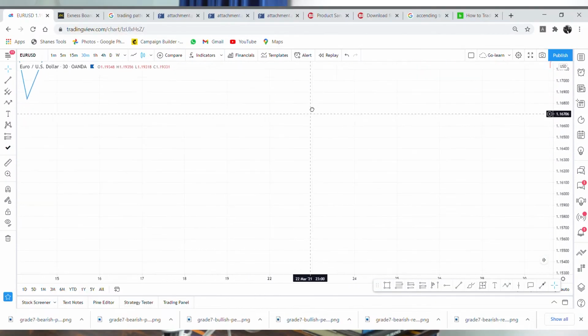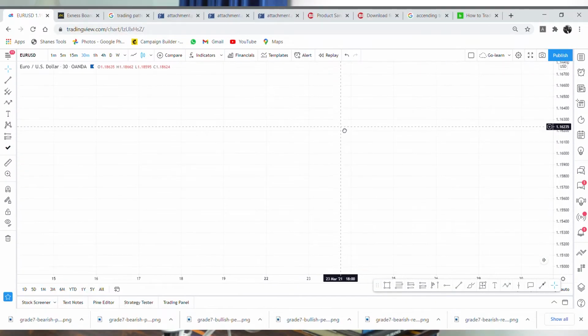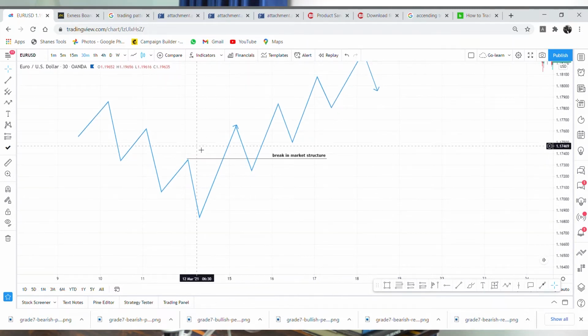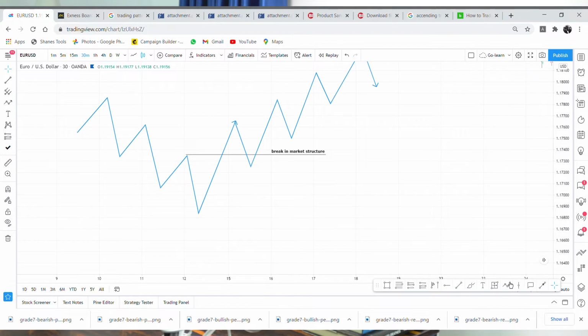Simple. This here, my friend, is called a break in market structure. You can just take a screenshot of this, although we made the image available for you.